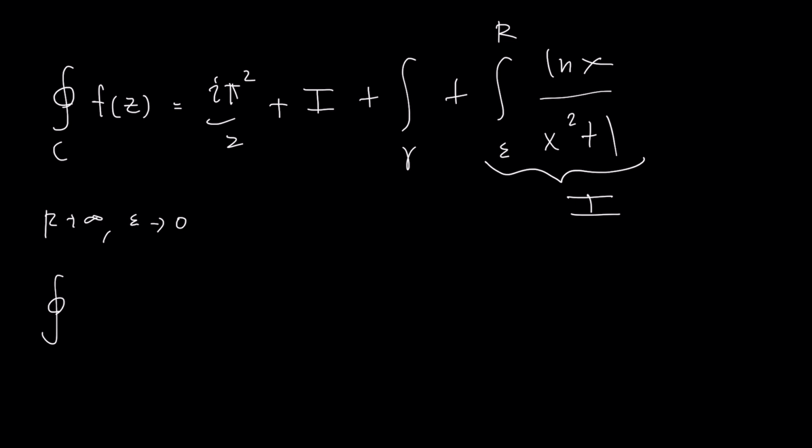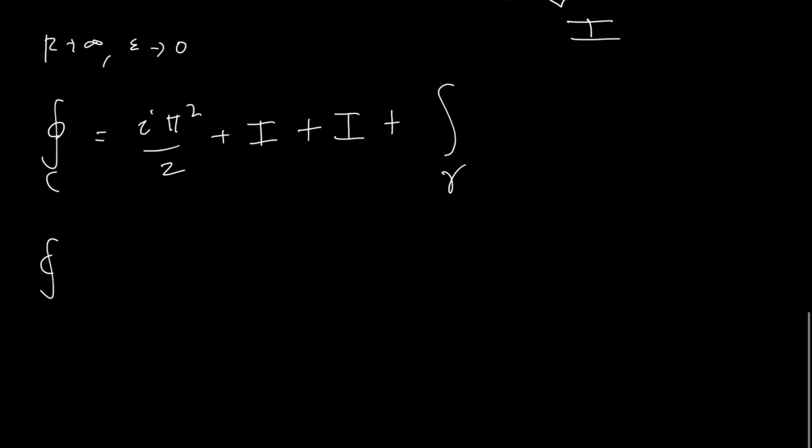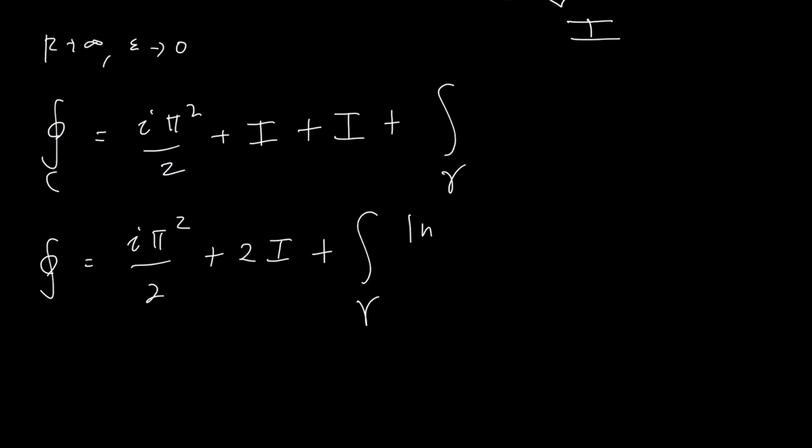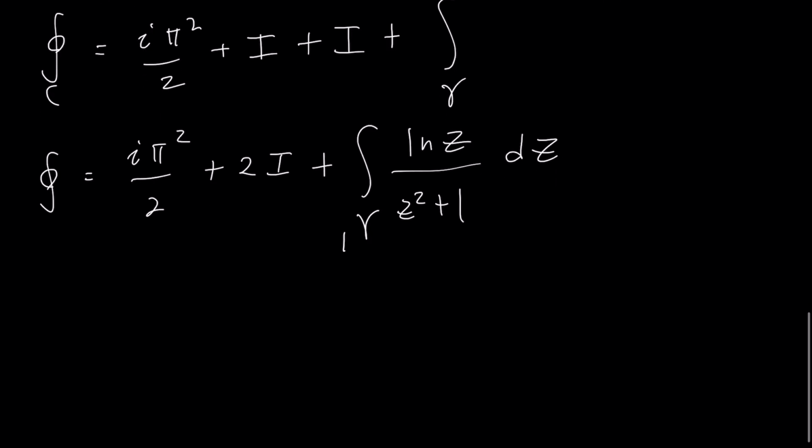So the integral over the contour will just be i pi squared over 2 plus I plus the integral over the small loop. And this would just become 2I plus the integral over this small loop. And this will be the natural log of z divided by z squared plus 1 dz. So we'll evaluate this integral.